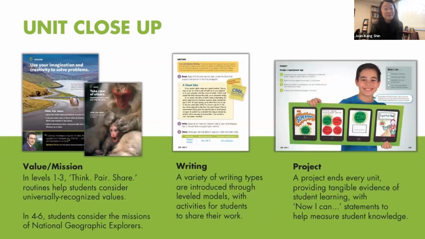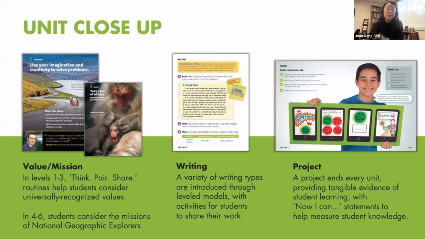And then every single unit has a value or a missions page where we connect to the values of National Geographic and help learners to be able to communicate more related to these values that will connect them to real world issues and real world problems that National Geographic explorers are trying to make an impact with.